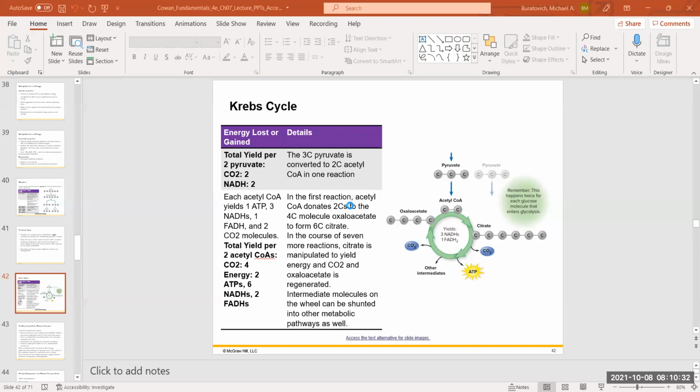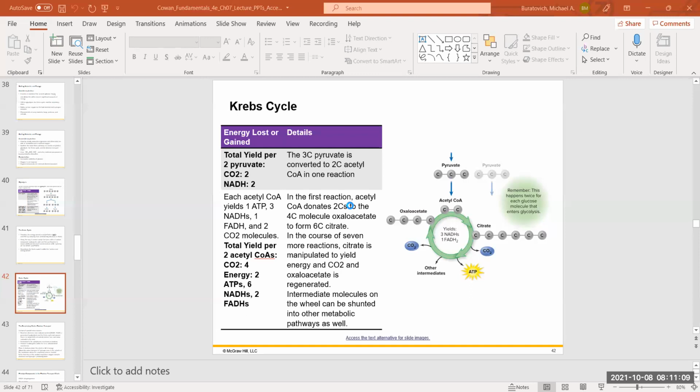The cell membrane. So this electron transport chain is embedded in the cell membrane. In eukaryotes, this is embedded in the inner mitochondrial membrane. Because mitochondria, remember, have two membranes, an outer and an inner membrane, and it's embedded in the inner mitochondrial membrane. But in bacteria, it's embedded in the cell membrane. So the cell wall is out here.